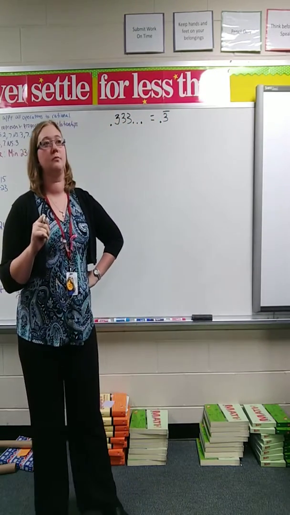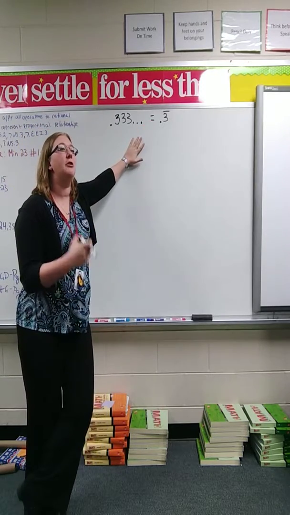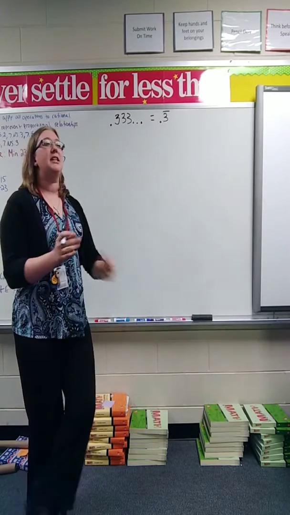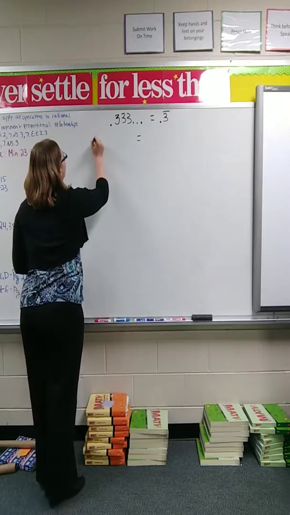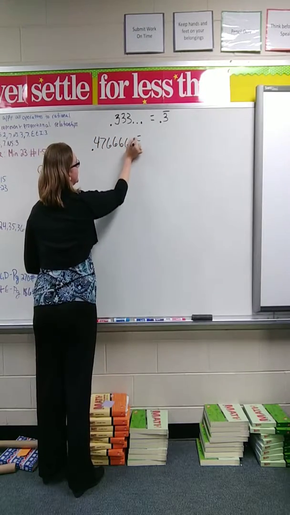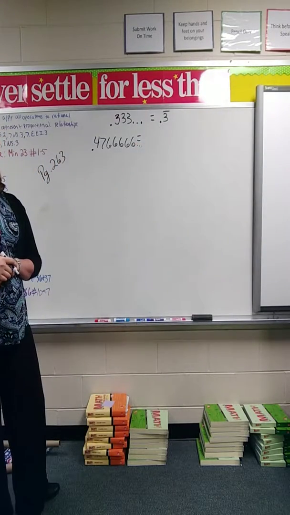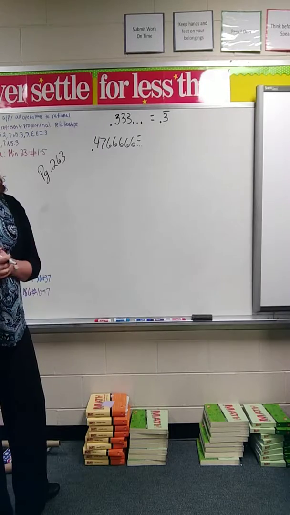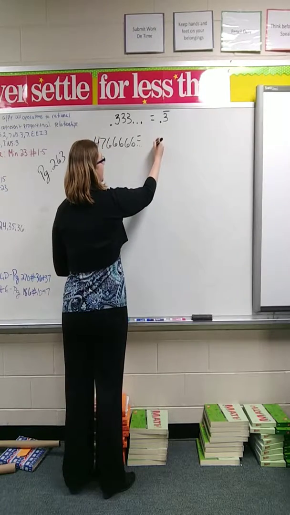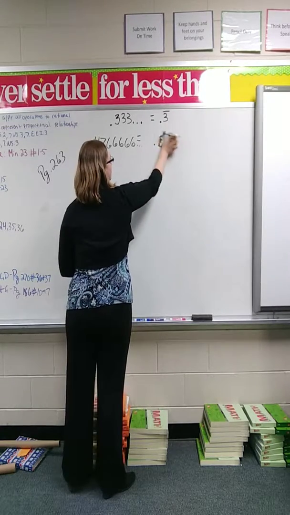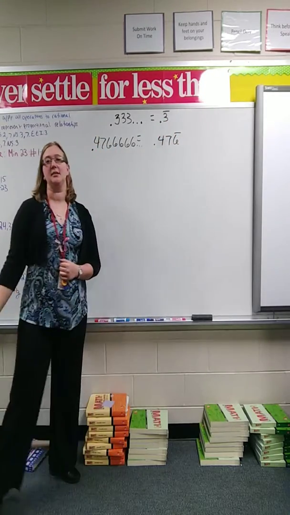Now, the whole decimal doesn't always repeat. Sometimes we just have part of it that repeats. So if we had something like 0.47666666, if we wrote that in bar notation, we have the bar over just a 6.